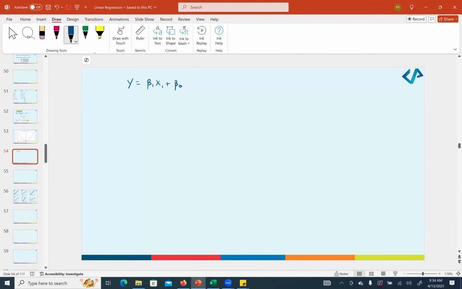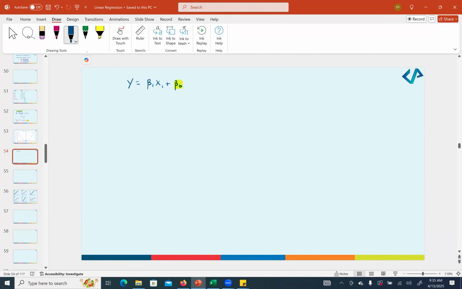It means that anyone can create their packages and publish them. For doing linear regression, there are multiple packages. The one that we are using has one limitation: it cannot create beta naught. All it can do is predict beta 1.